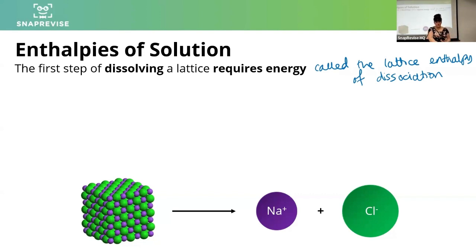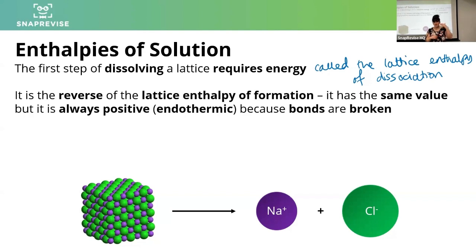Like I say, this is just the reverse process of lattice enthalpy of formation. But because we are breaking a bond, it must be endothermic. We're putting in energy, so the enthalpy change must be positive. We've got to put energy in to break a bond, so it's endothermic.